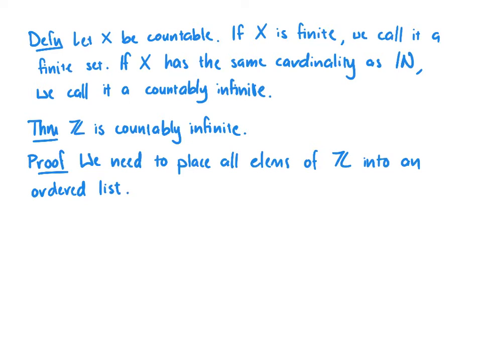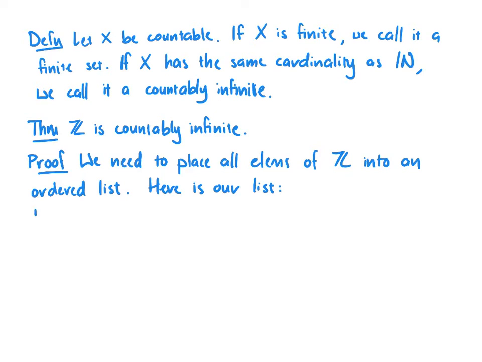And if we can do that, that will give us a bijection. So this is important. We have to know that all the elements appear in our list. So this is how it's going to go. The only thing to be mindful of is that the integers contain all the natural numbers, but also negative numbers.